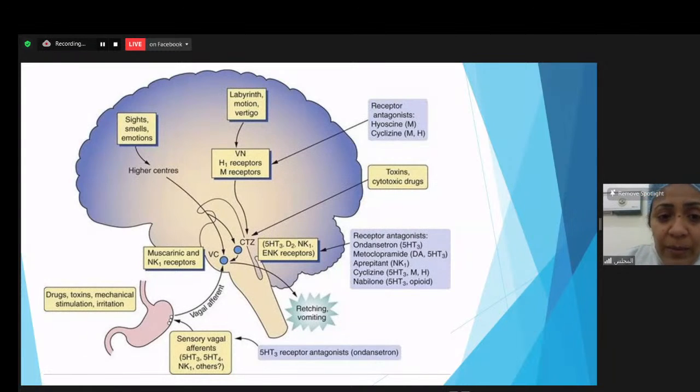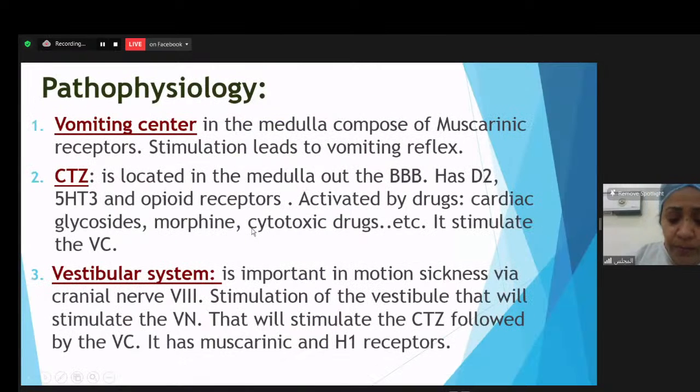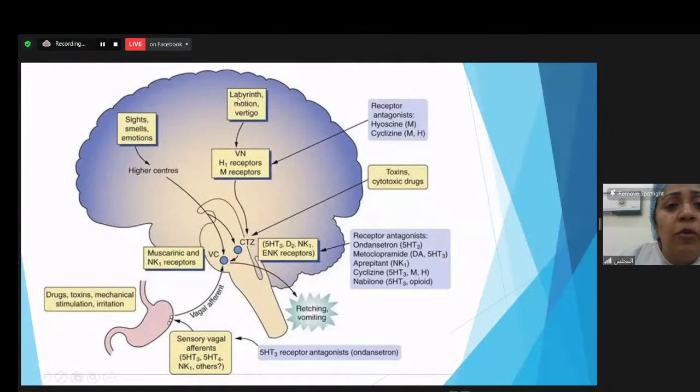So always remember that when you are giving drugs, this is the thing that you are influencing the vomiting with. طيب نجي the other part that is involved, which is the ears. We have a vestibule in the ears, with hair cells and the fluid inside the ear that keeps the balance of the body.